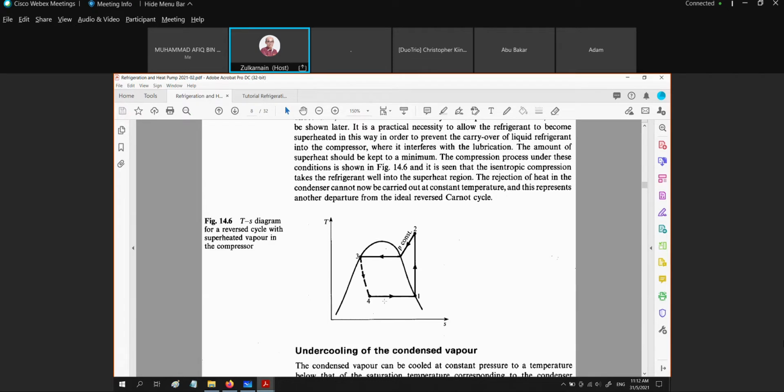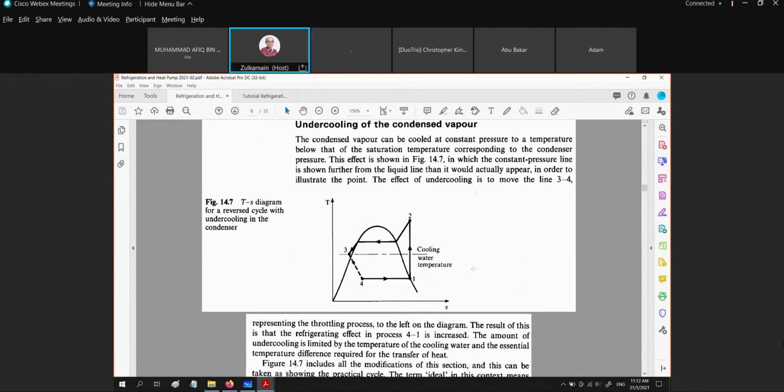We increase the Q41 and at the same time, we also increase the W in, the W12. Okay, and the condenser also, we are going to reject more heat. And then after that, we move point 3 to the left. Point 1 we can also move to the right, more superheated. Then we look at point 3, where we use the compressed liquid region, or the process of subcooling.